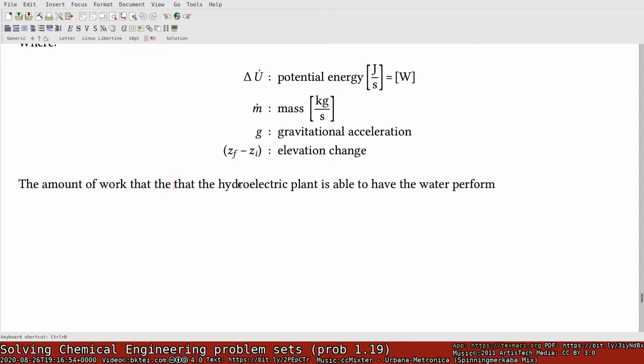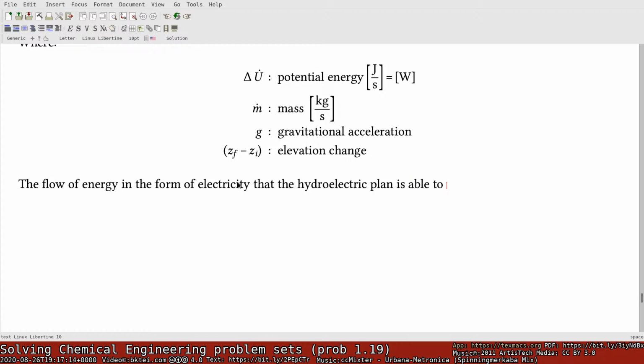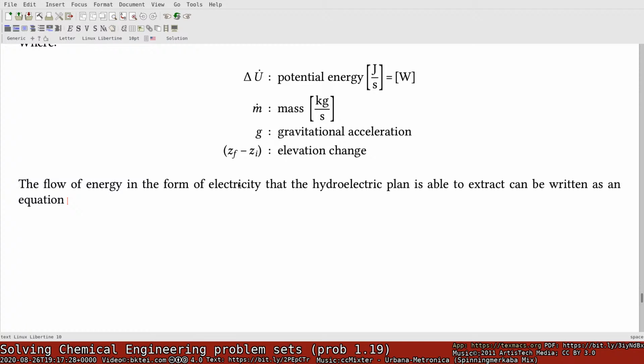The amount of work that the water, the flow of energy in the form of electricity that the hydroelectric plant is able to extract can be written as an equation like so.